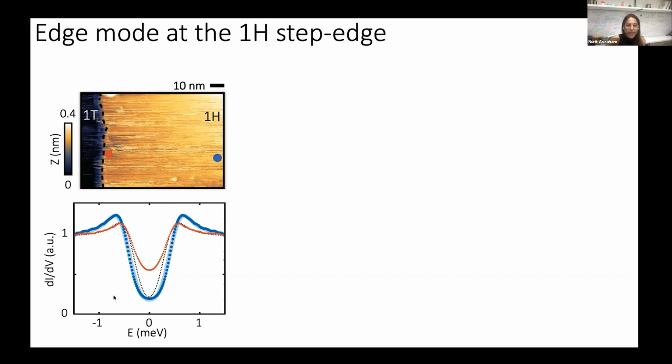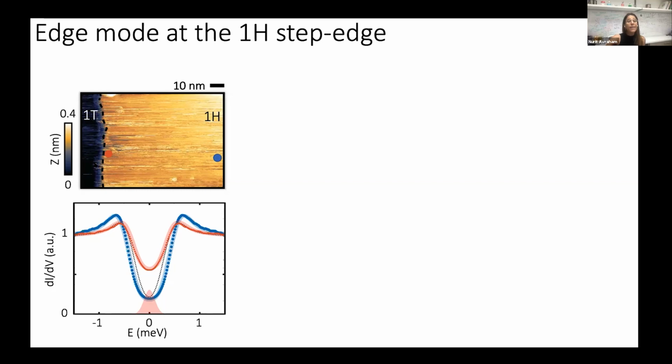And we were able to fit it nicely when we added an additional density of state in the form of this Gaussian form, which indicates an additional density of state that exists here on the surface and cannot be accounted for just by the reduction of the superconducting gap that we see on the surface.